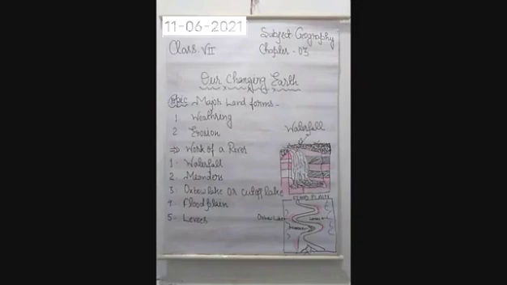So first of all, we have to understand the definition of weathering and the definition of erosion. Students, weathering is the breaking up of all types of small and big rocks present on the earth's surface.